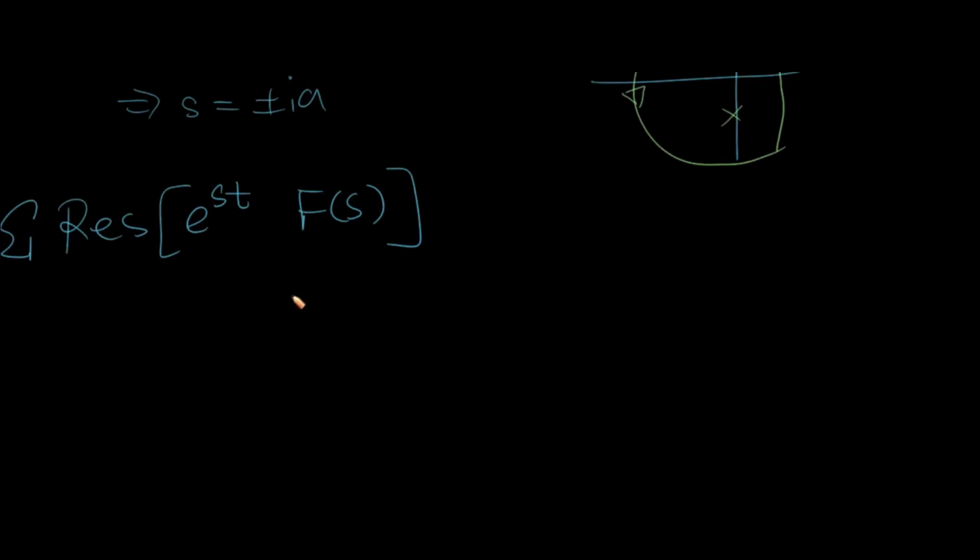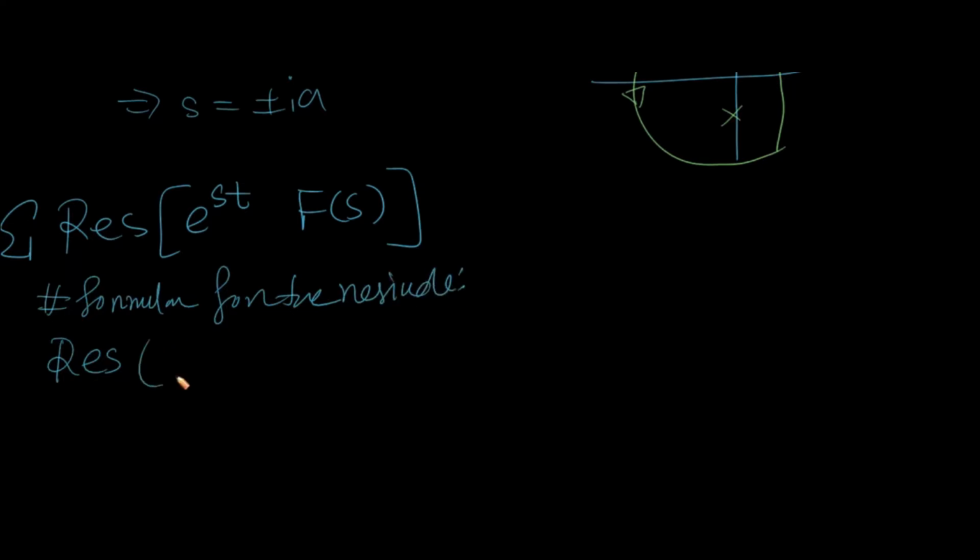So using the formula for the residue that you saw in your previous week, it's fairly easy to calculate them. Let me just remind you what the formula for the residue was.